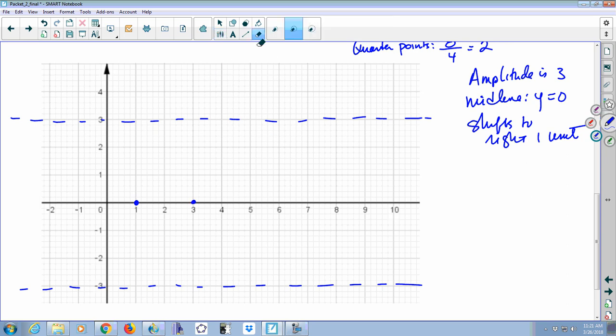So let me just say, I know something important is going to happen at 1, 3, 5, 7, and 9. Okay. So since this is sine, I know I start at the midline. I go up to my maximum at 3. I come back to my midline. At 7, I go back down to my min, and then back at 9. There's a period of 8. Whee! There we go. And this goes forever and ever.